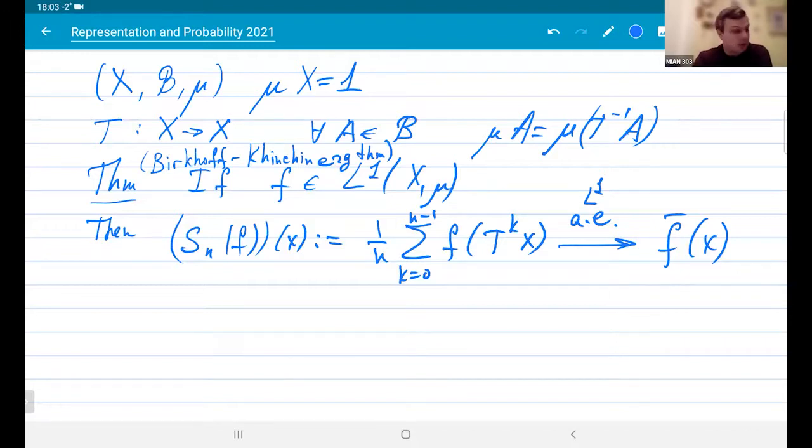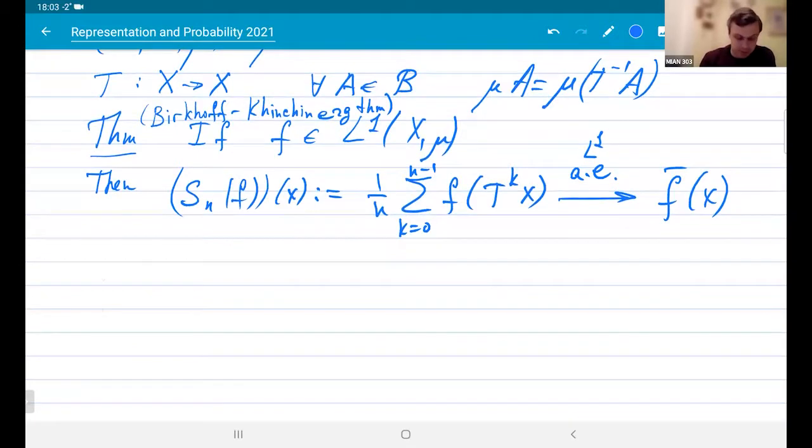So let me start with the following definition. Probably I have discussed it a bit last time, but today we'll discuss it in greater detail. What can be said about this function f bar?